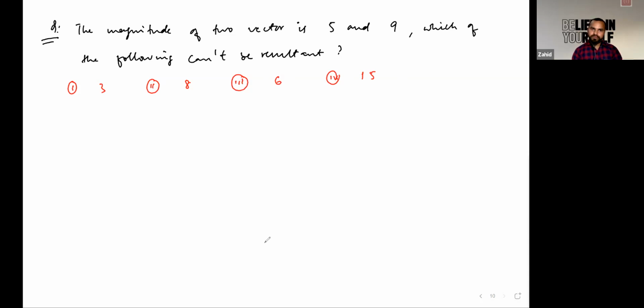Try to define which of the following can't be the resultant of the above two vectors. First is this and second is this.